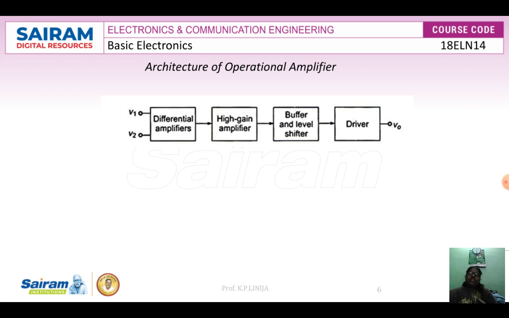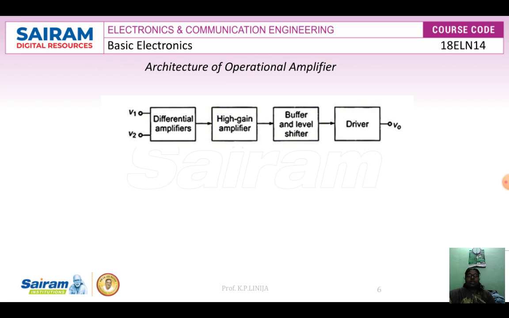This differential amplifier we call the input stage, a dual input balanced output differential amplifier. So two different inputs are given and the output obtained is called balanced output. Most of the amplifier gain is obtained in this stage.